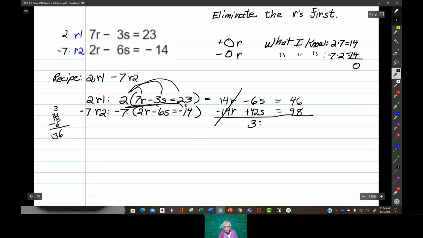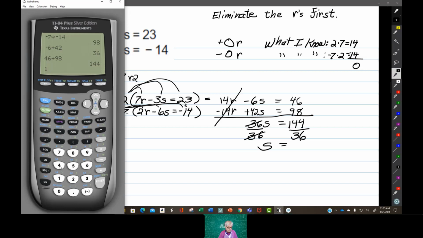So we're going to have 36S equals 144. And then to get S, you're going to divide by 36 on both sides. 36 divided by 36 is S. Well, it cancels out and leaves you S. And 144 divided by 36 is 4.